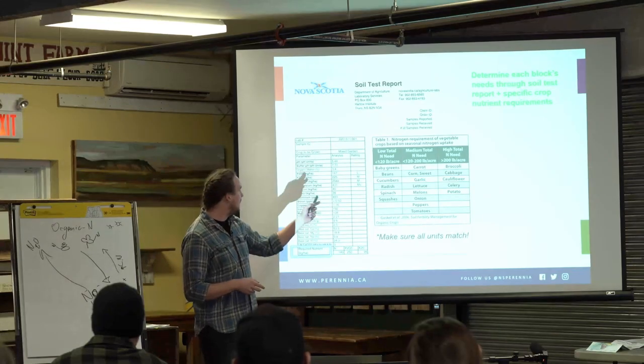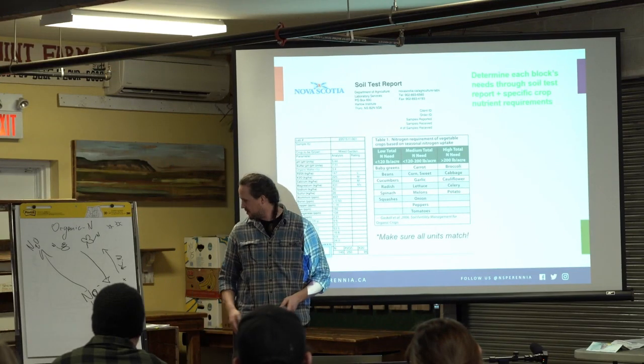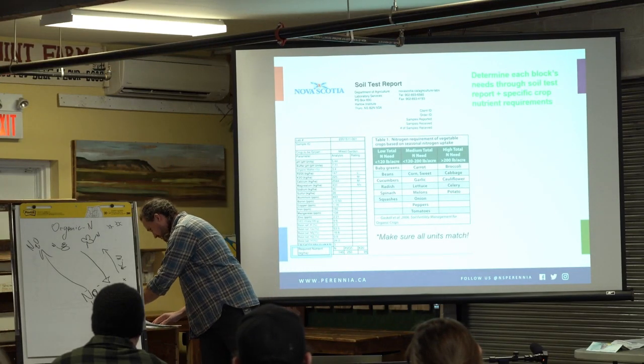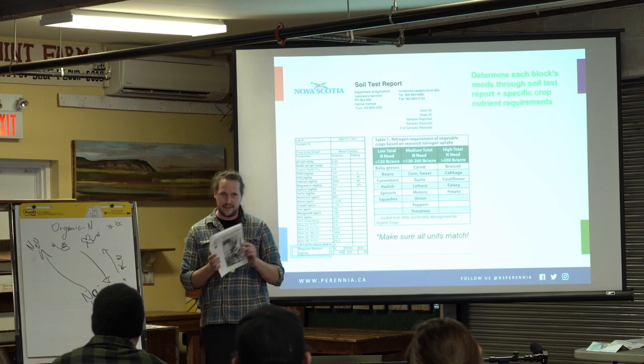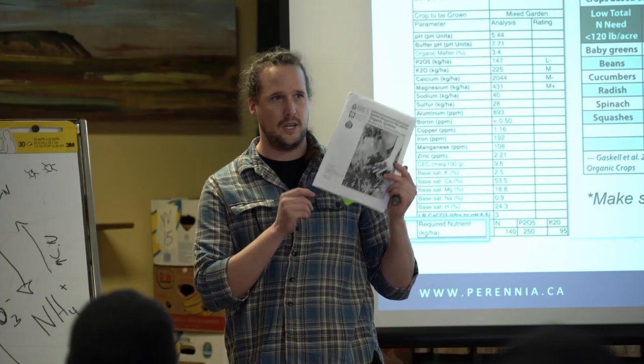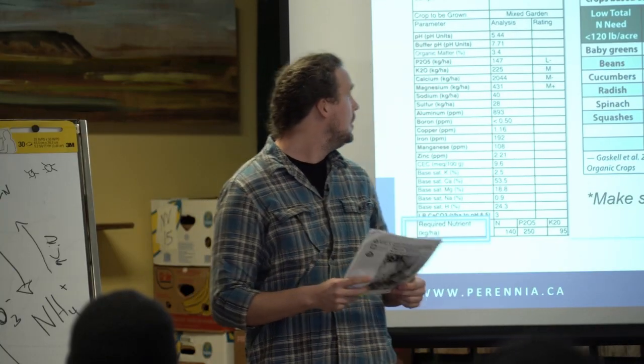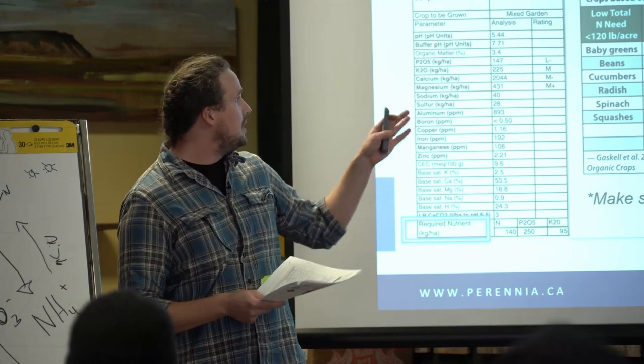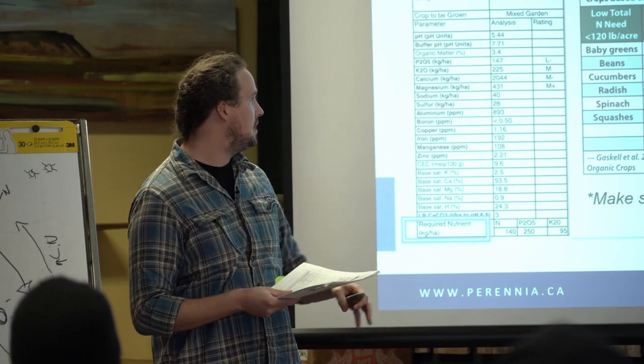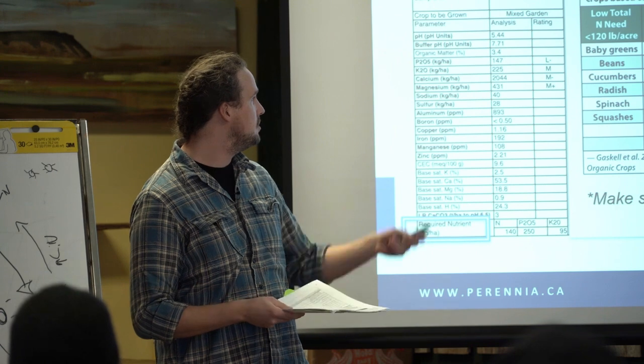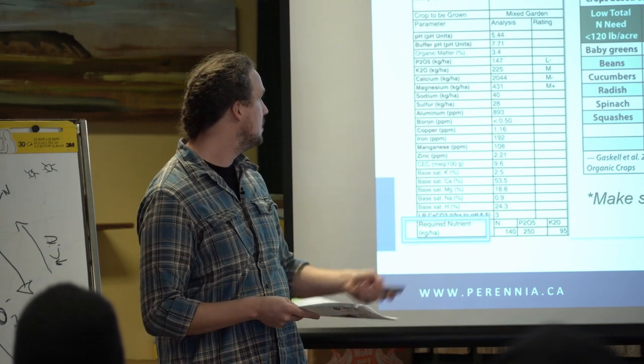So I have this table here, and this table is from the NRCS handout. I think this was emailed to you last week. So this uses a low, medium, and high nitrogen need layout. So I'm going to use this for my nitrogen requirements.